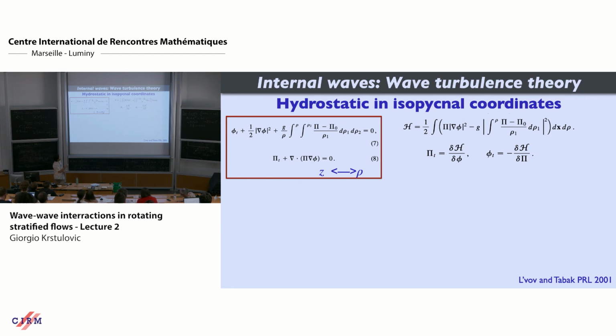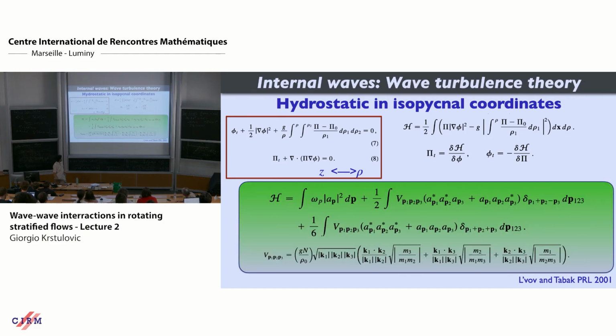Doing so, they found that the equation of motion has a nicely Hamiltonian structure. And once you have a Hamiltonian, it's just the standard machinery to get the interaction coefficients, from where you can get the kinetic equation.